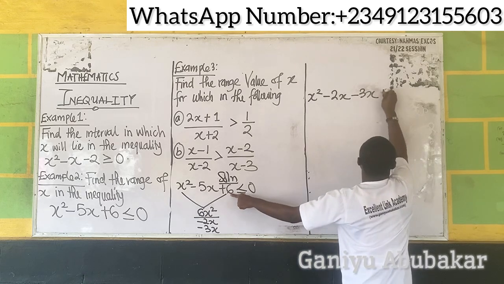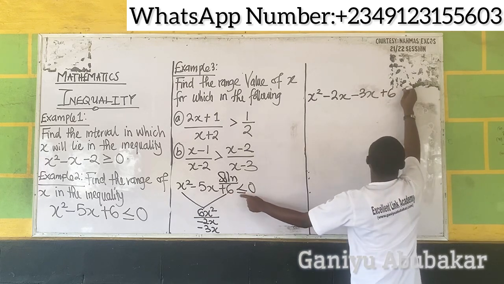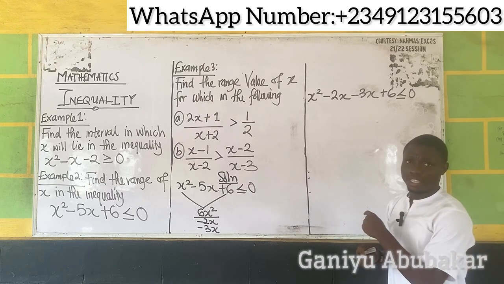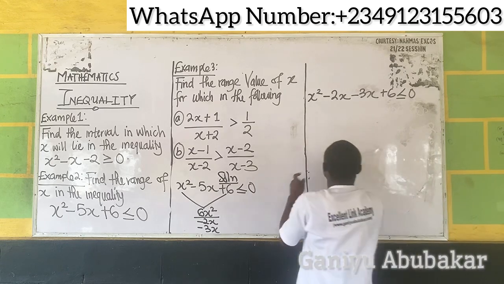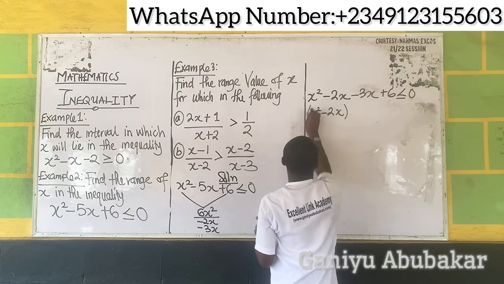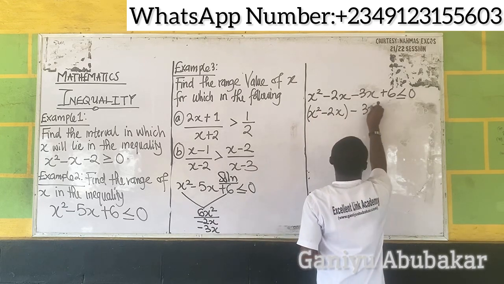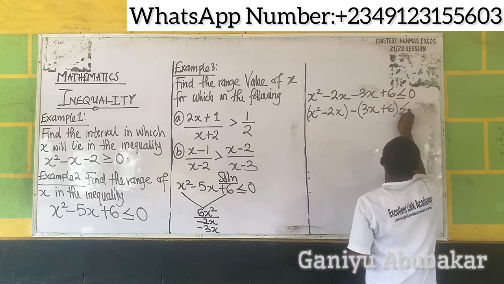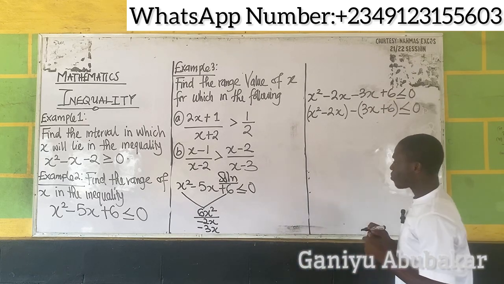I have plus 6 less than or equal to 0. Next priority here is to group them. So I have x squared minus 2x this way, minus 3x plus 6 this way, less than or equal to 0.